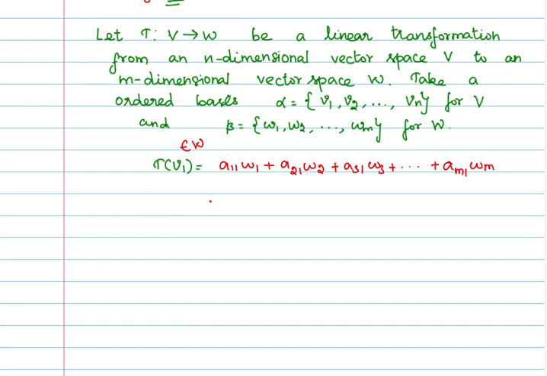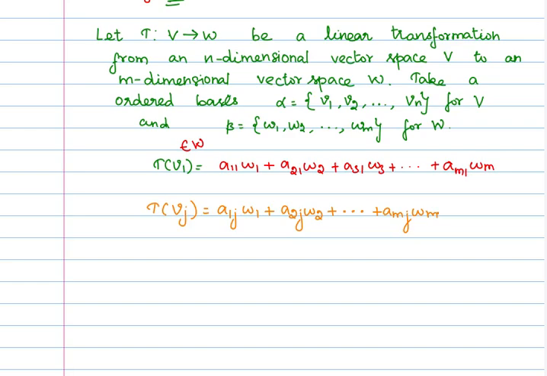Similarly, T(v2), and in general T(vj), equals a1j w1 plus a2j w2 and so on, up to amj wm.